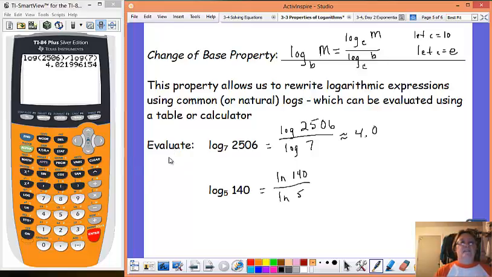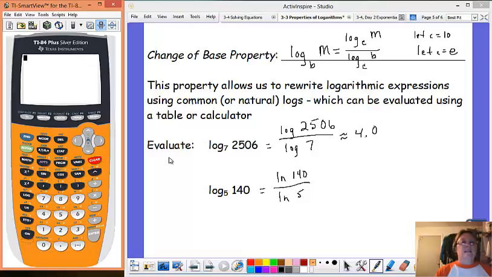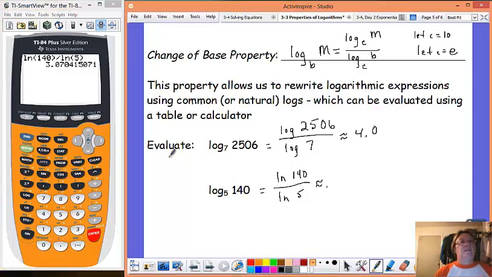And according again to our calculator, which we trust, the natural log of 140 divided by the natural log of 5 is equal to about 3.1. That change of base formula is so important for us to remember.